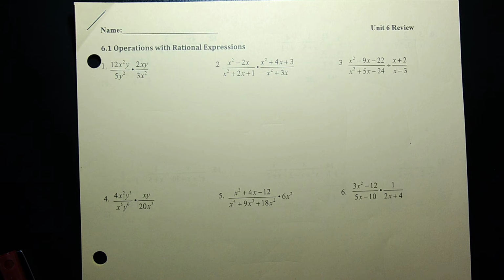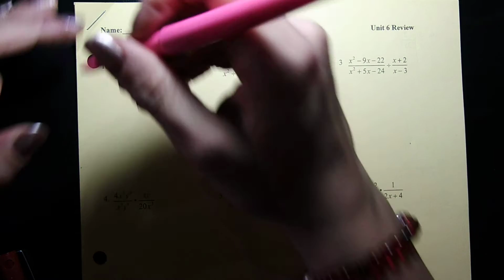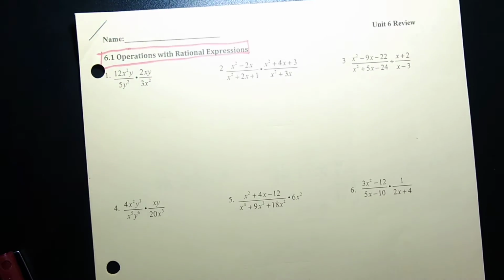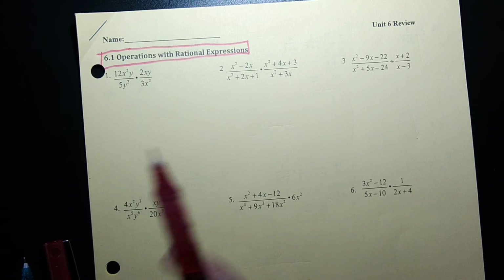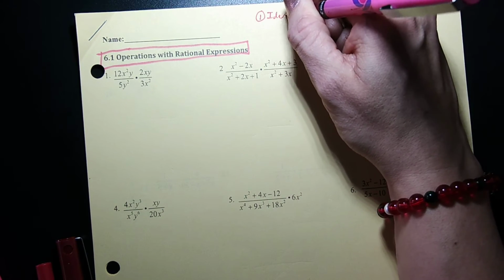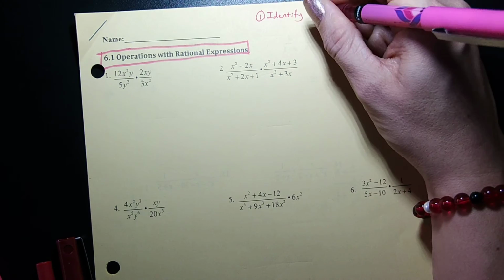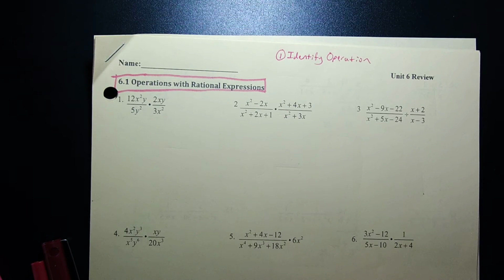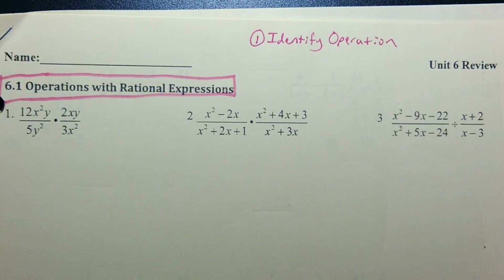For 6.1, operations with rational functions, the first thing you always start with is identify the operation. What's the easiest operation to do?